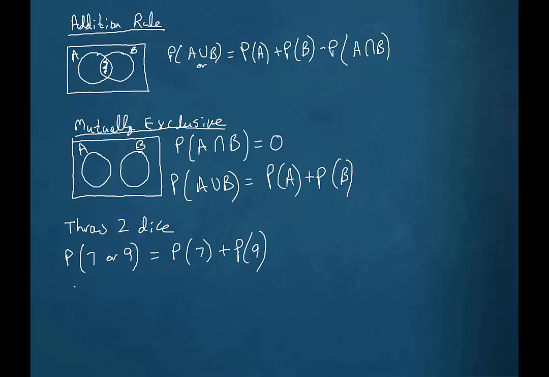And we know from earlier videos that this sample space contains 36 outcomes, and these outcomes are all equally likely. So what we need to do is determine, well, how many are there that would sum to 7?